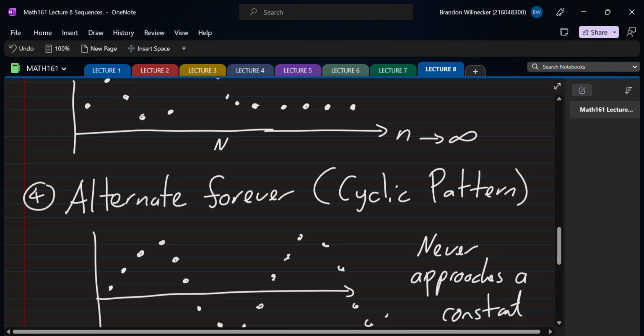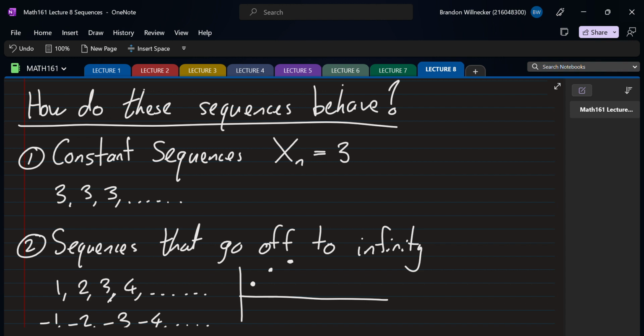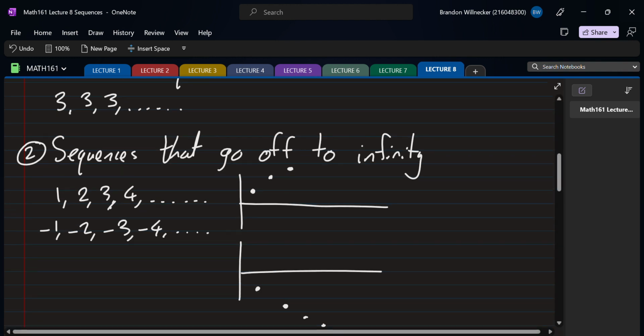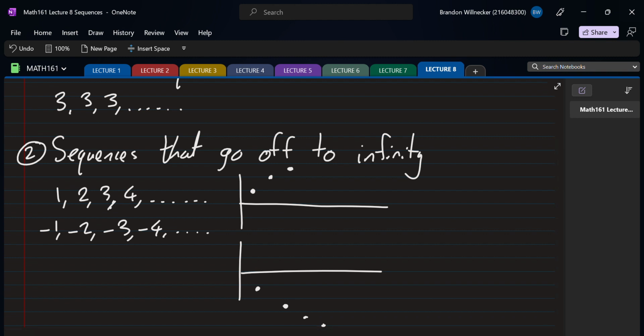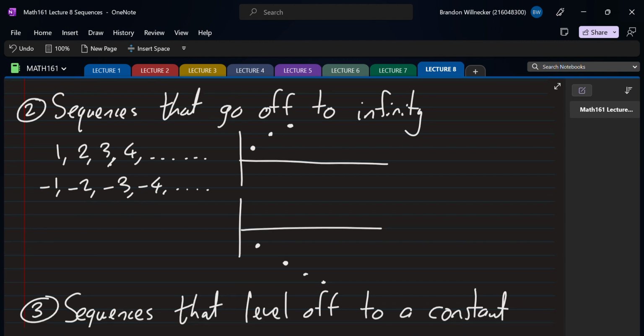So that would be this case number 1, a constant sequence that is convergent. Since all of the elements are the same, and all of them are 3 in this case, we know that the limit value is 3, and so it must converge. However, in the second case, the limit value is infinity. This top one goes off to infinity, this bottom one goes off to minus infinity, so it doesn't converge. It doesn't go to some nice finite value.